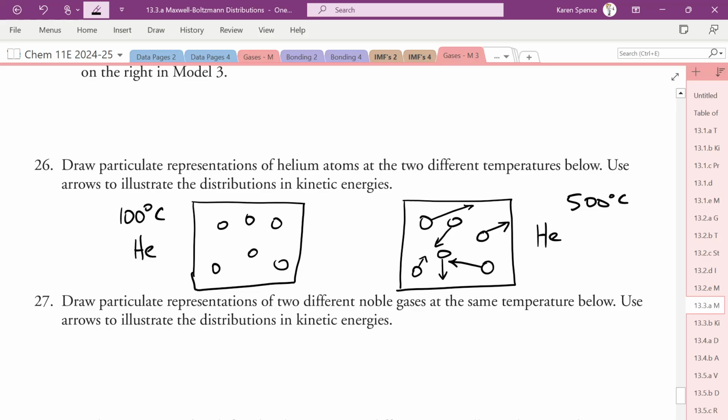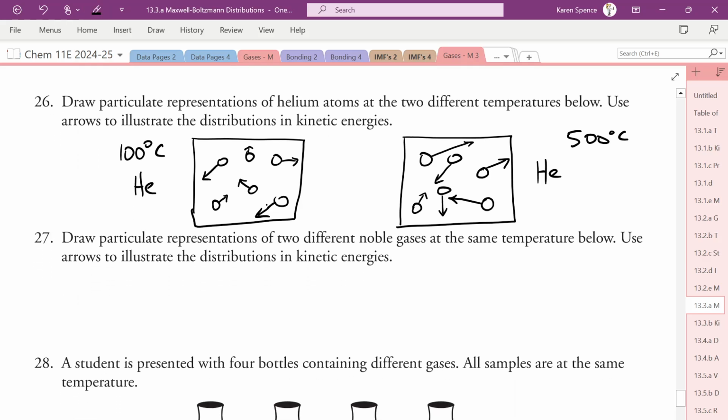And then over on our left, the slower ones would have shorter arrows in general, but also different lengths. Excellent.